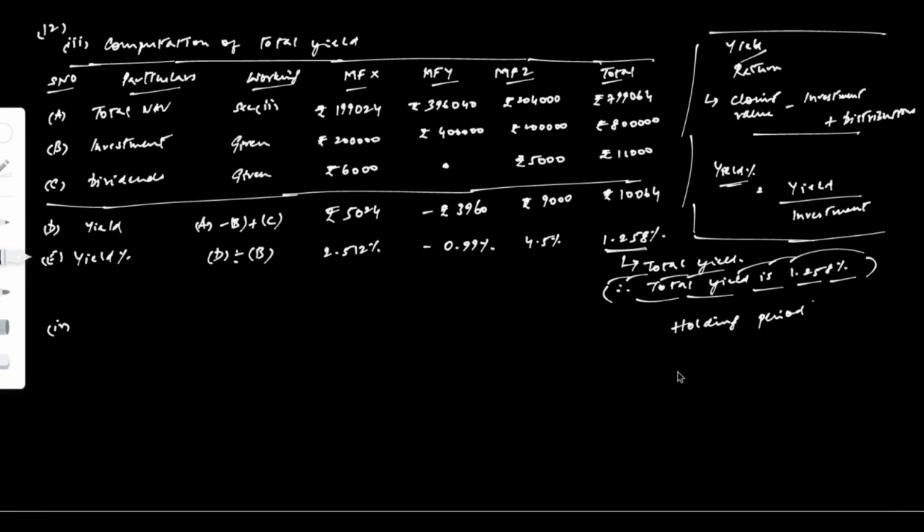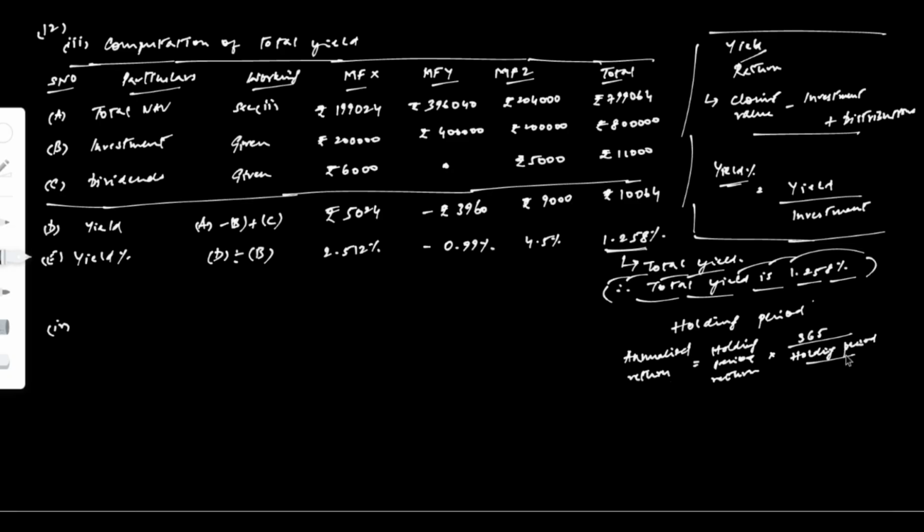So in one of our previous questions we have seen that annualized return is equal to holding period return into 365 by holding period, right?